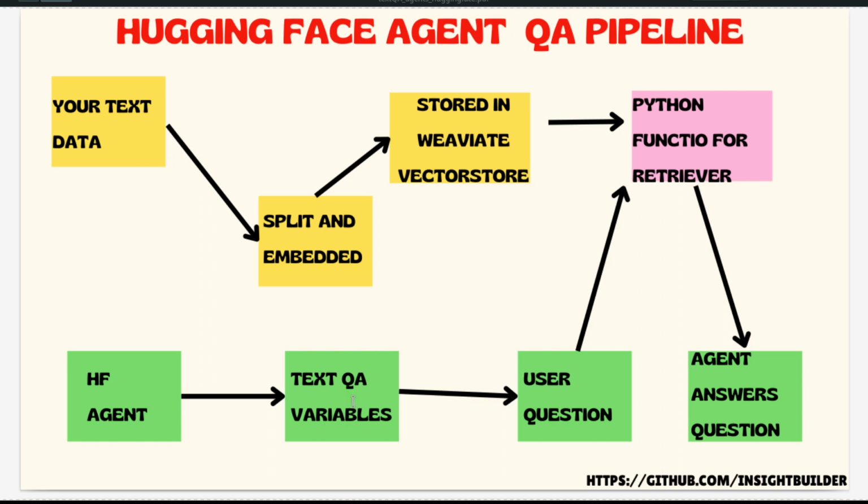I'll be showing you what exactly is happening here, and then the user question has to go to a kind of a common Python function where the Python function takes the question, that is a user question from you, and it also connects with the Weaviate vector store and gets the necessary text, that is the similar text with respect to your question. It tries to get it from the vector store and then gives it to the agent for it to answer it.